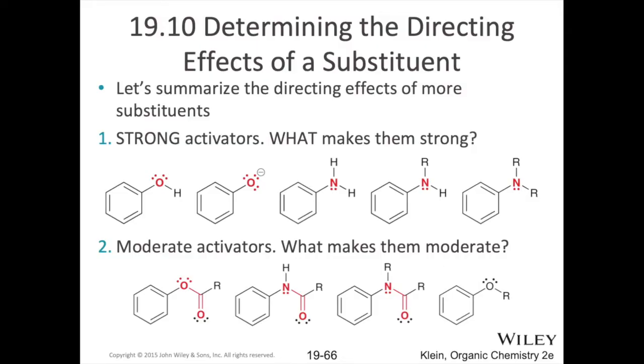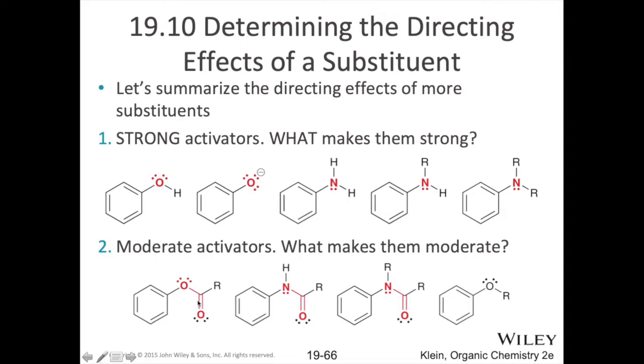Now, just like with strong activators, we have oxygens and nitrogens here with their lone pairs attached to our ring. But unlike the strong activators, we have a carbonyl next to those oxygens. What this does is involve a little bit of sucking away of electron density.